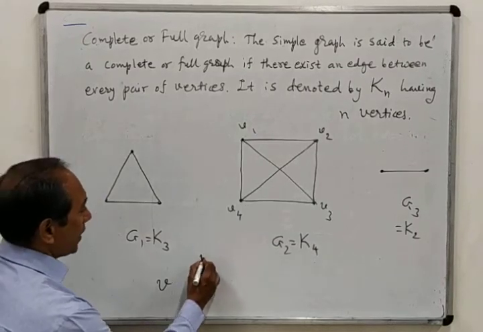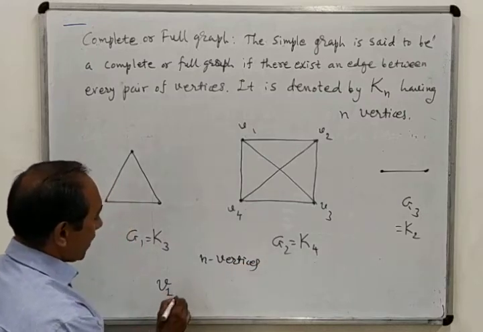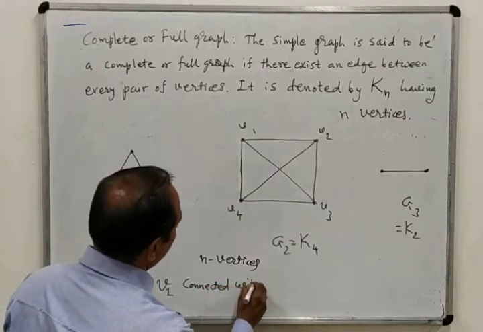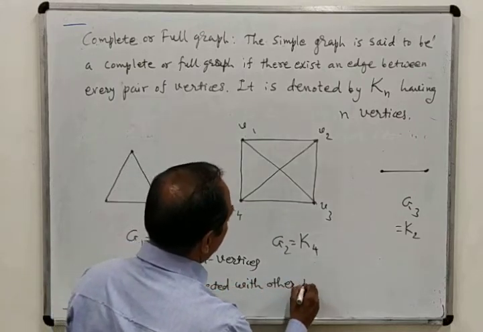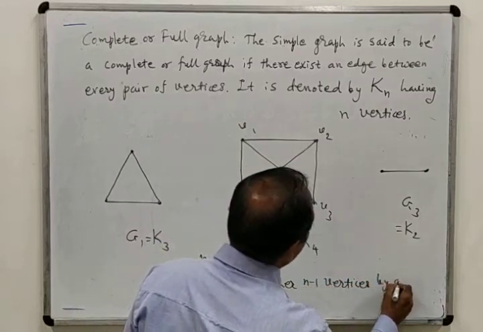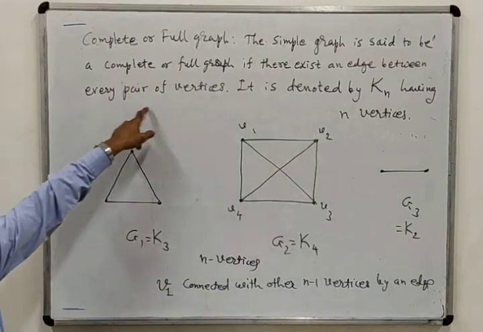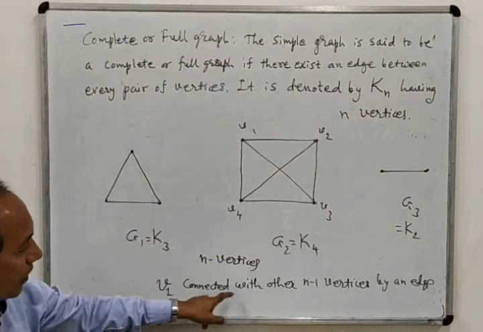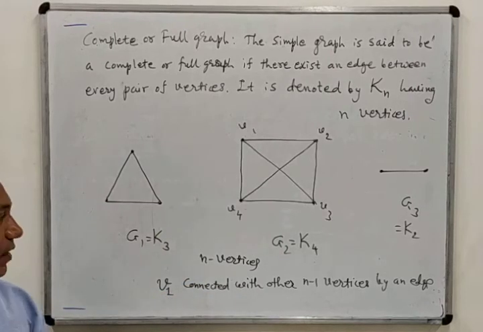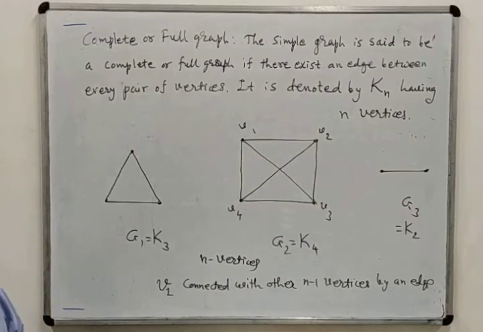So if there are n vertices and suppose we talk about V1, then V1 is connected with the other n-1 vertices by an edge. Here it is written, there exists an edge between every pair of vertices. There are n vertices V1, V2, V3, V4, up to Vn. So V1 is connected with the other n minus 1 vertices by an edge, by the definition.